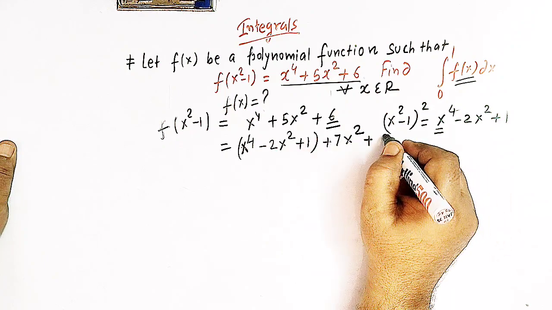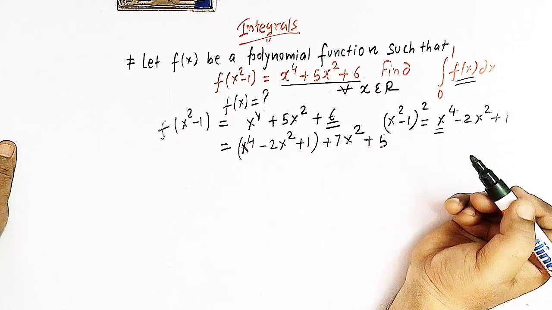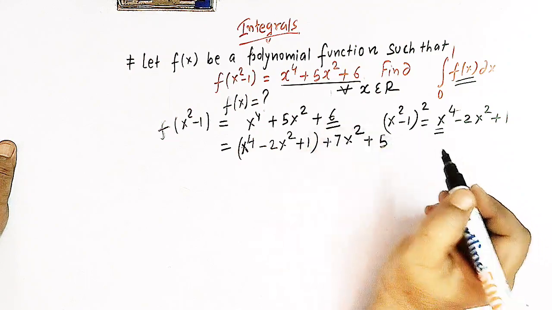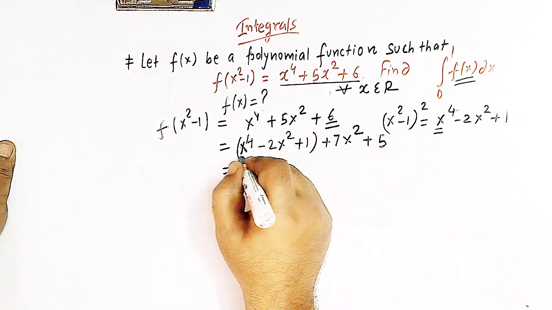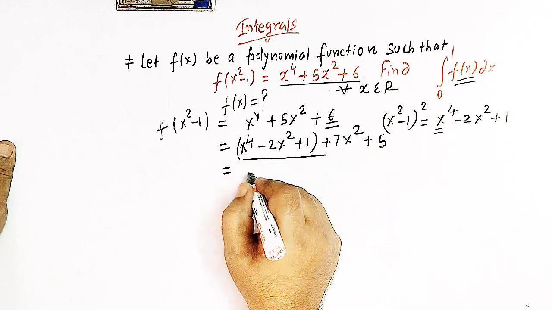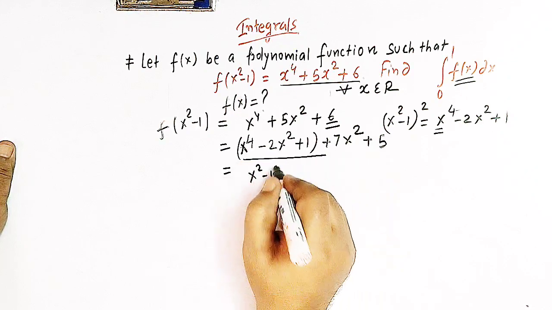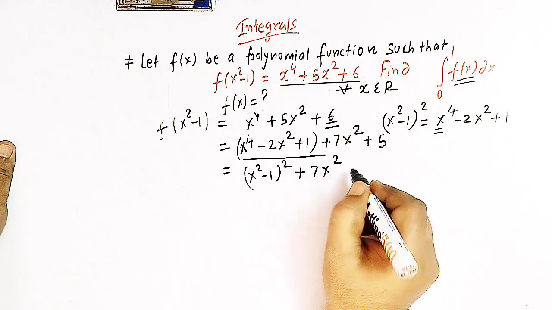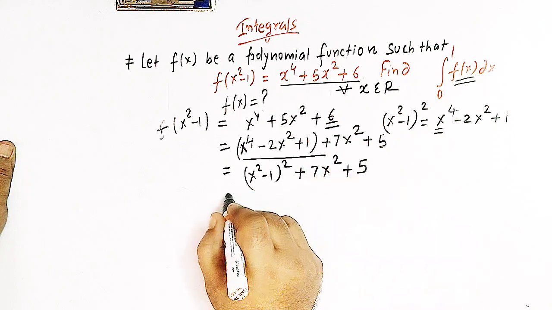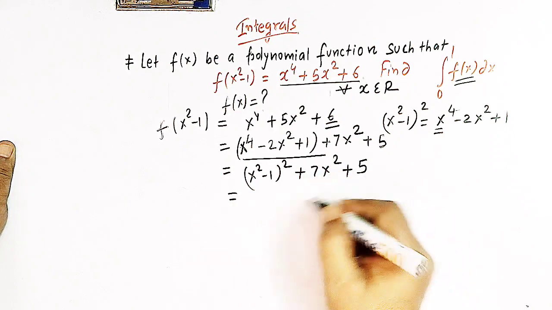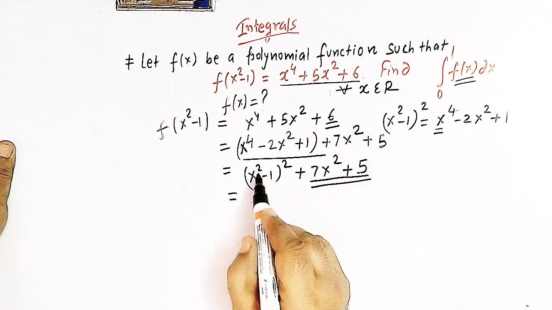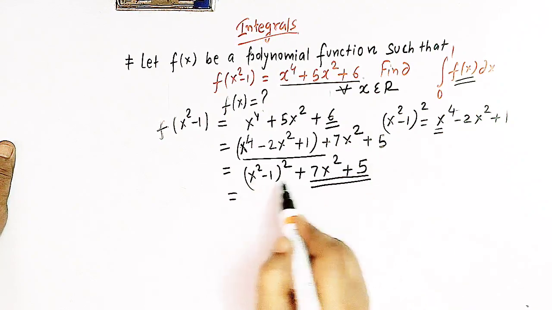So we can write here plus 5, so that 5 plus 1 is equal to 6, right? So now this trinomial can be written as x square minus 1 whole square, and here we have 7x square plus 5, right?